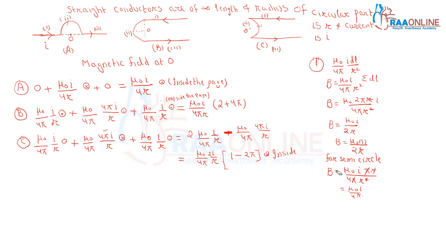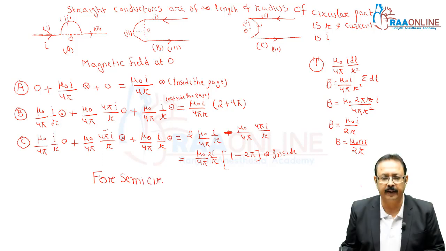We will write here for semicircle. In this we note for semicircle, so that you can remember this. For a semicircle they can use it in the exam. Magnetic field will become half.